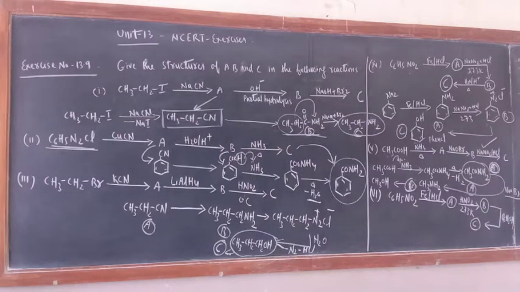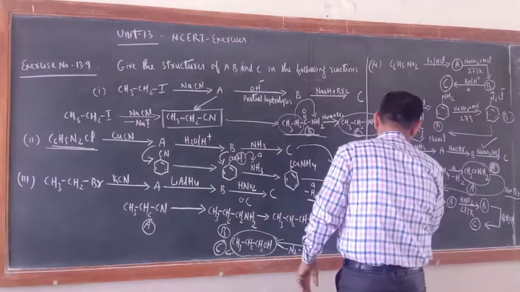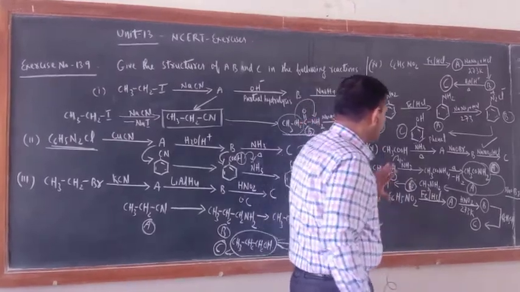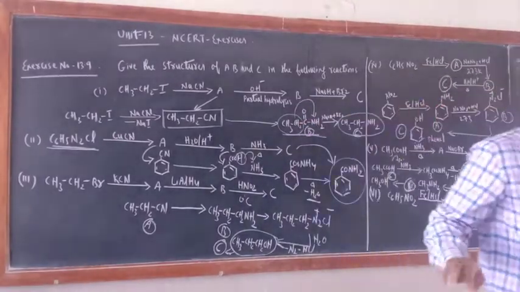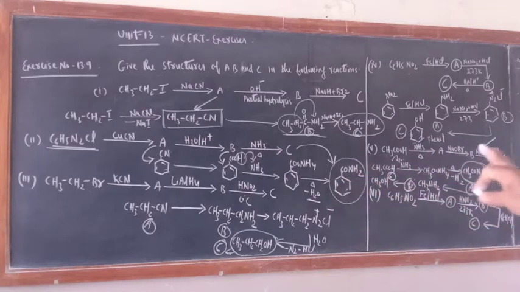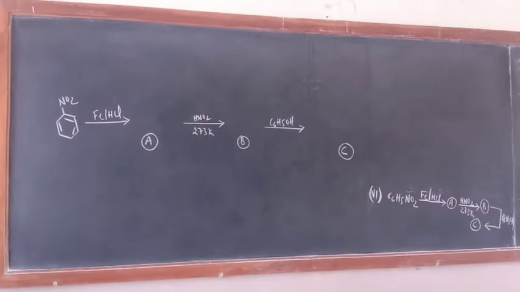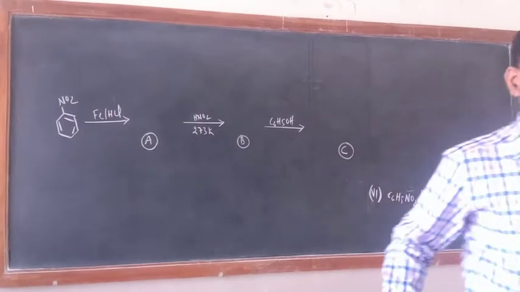Okay, yes, methanol, correct. So this would be C. Okay, so all these reactions I have completed. In this way you should do. Okay, so the last one is the sixth one.